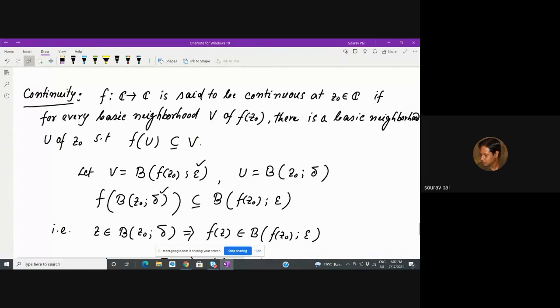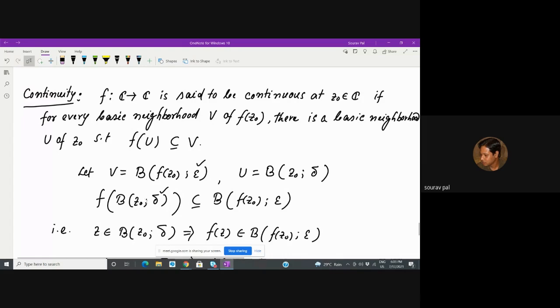Corresponding to every neighborhood V of f(z0), you can find a basic neighborhood U of z0 such that U is contained in V. What is meant by that? A basic neighborhood U around z0 looks like this, and a basic neighborhood around f(z0) looks like this. V is given, so this epsilon is given, U is obtained, so this delta is obtained, such that this happens.